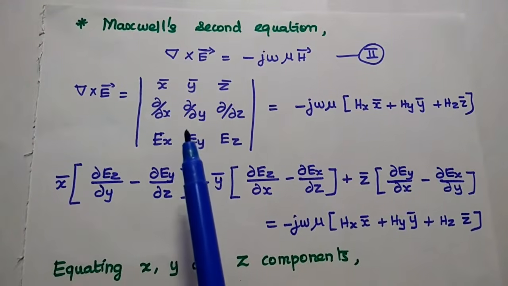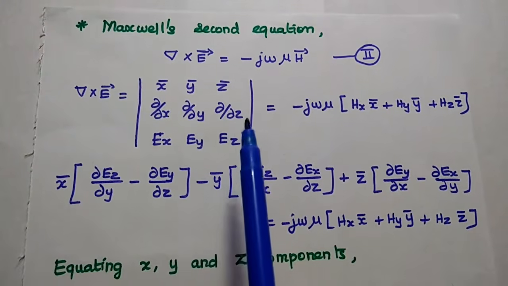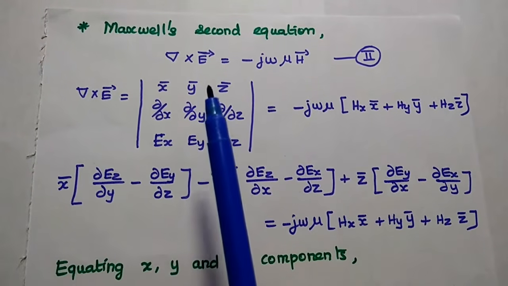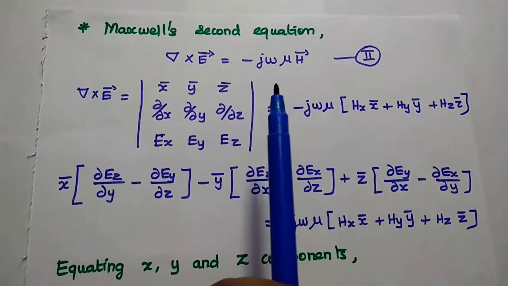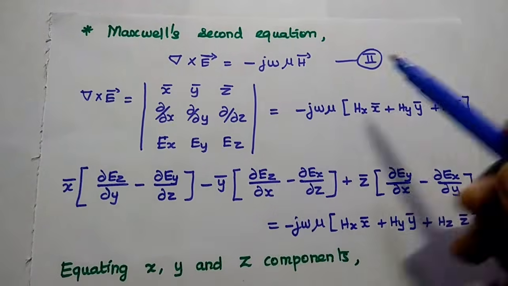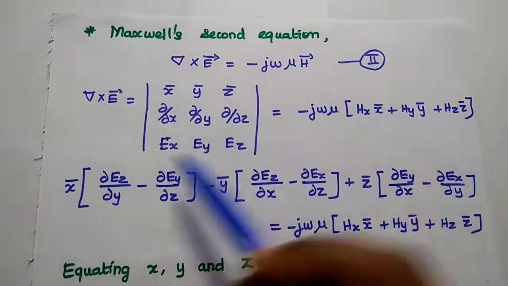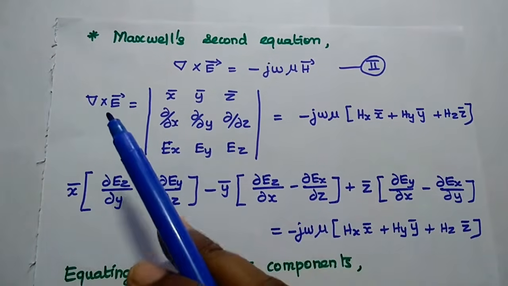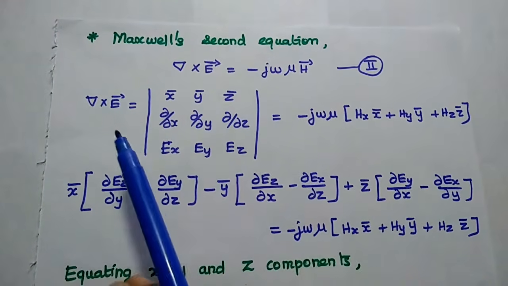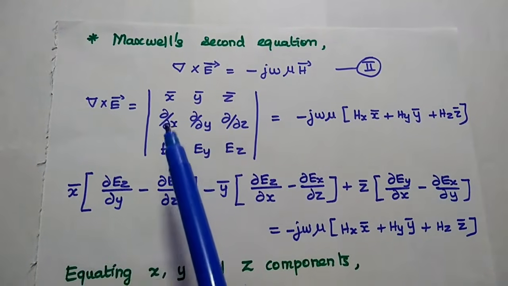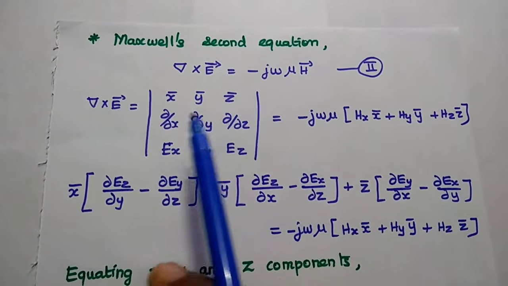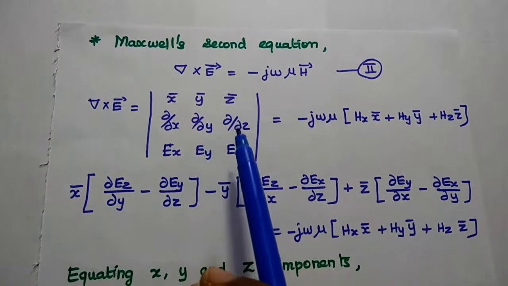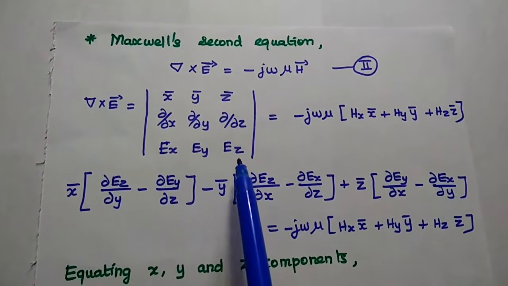Next we are going to consider Maxwell's second equation. Del cross E vector is equal to minus j omega mu H vector. Here there is no conductivity term, so we can take it as such. Then expand this curl operation. Del cross E vector can be written as the determinant with x bar, y bar, z bar, dou by dou x, dou by dou y, dou by dou z, Ex, Ey, Ez.